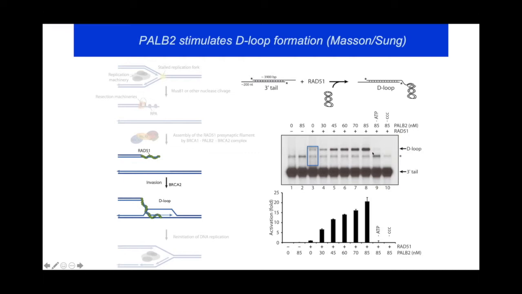And very strikingly, when we added PALB2 to this reaction, we saw up to a 20-fold induction in homologous recombination. So this told us that PALB2 is really important for homologous recombination.